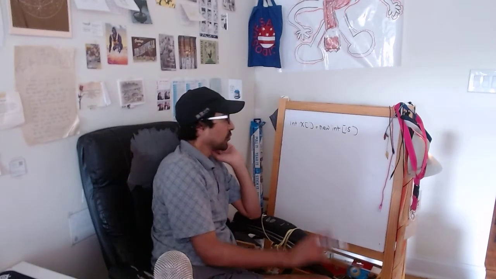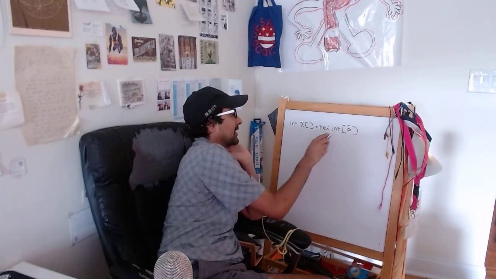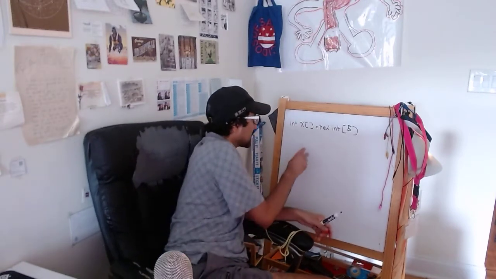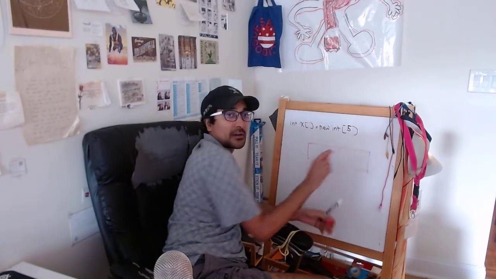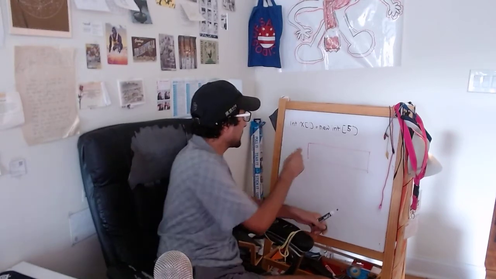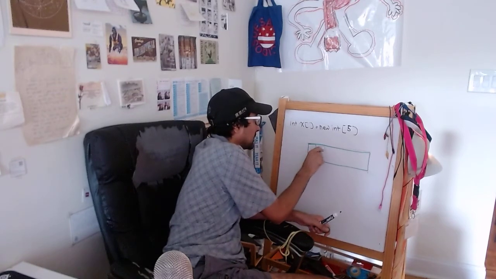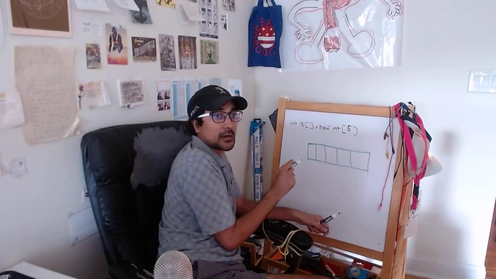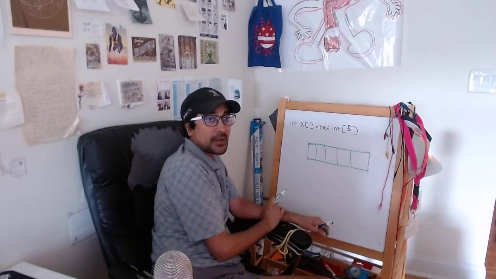Let's say I made it 5 so I can draw it and not annoy myself. What does that mean in terms of our arrays? Something like this, right? Now we have 5 things in memory, and this is memory.